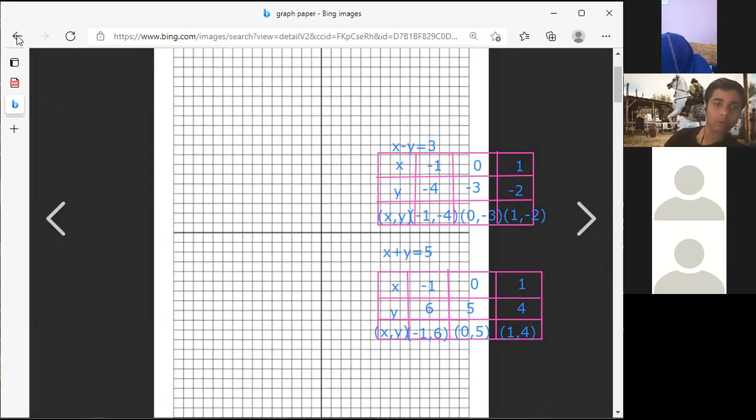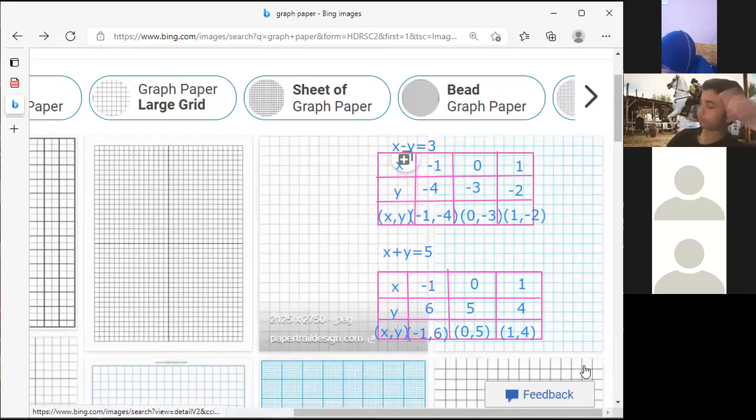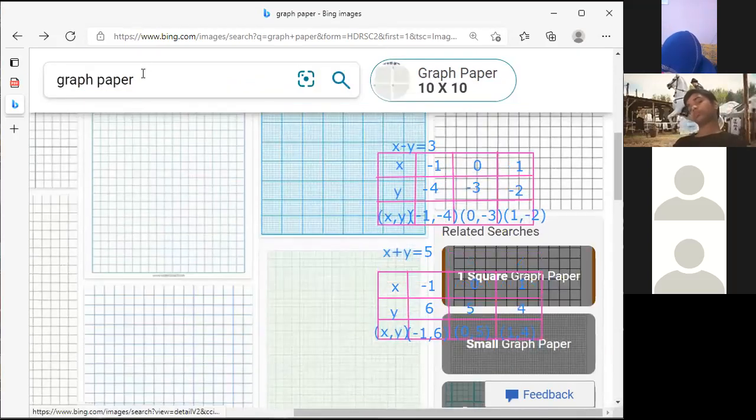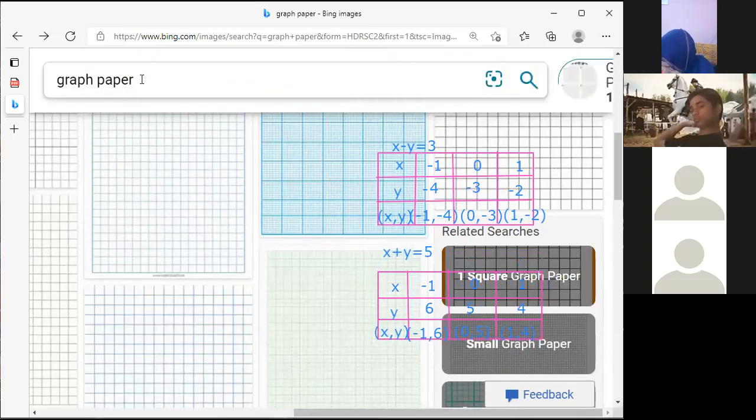I think last time the graph had the values also. It had the y and x axis.